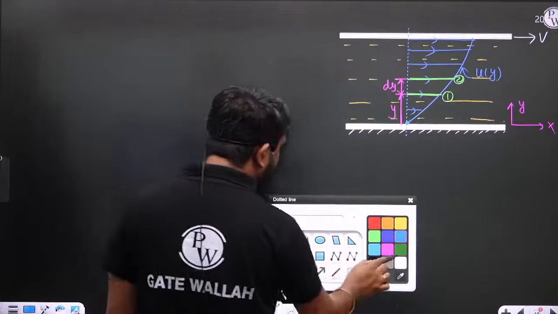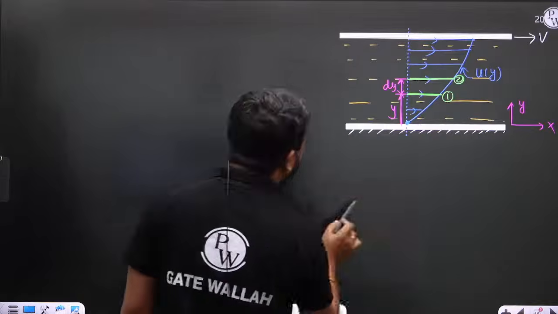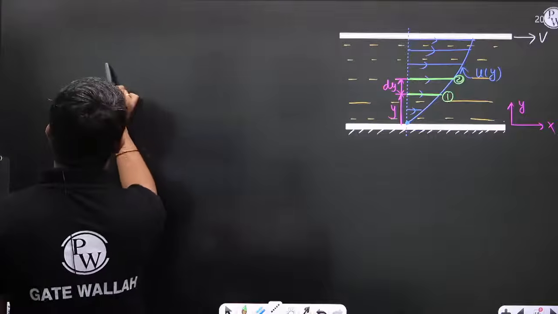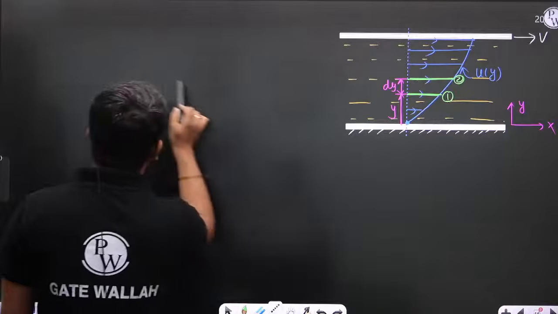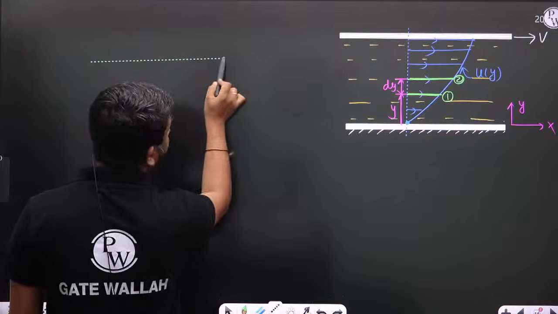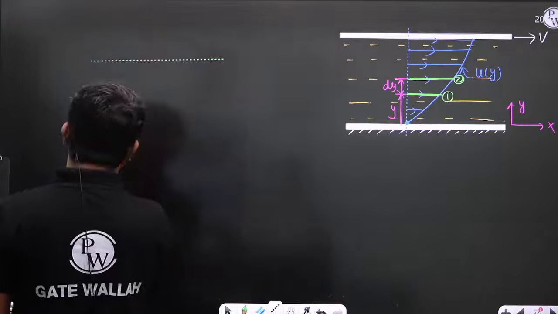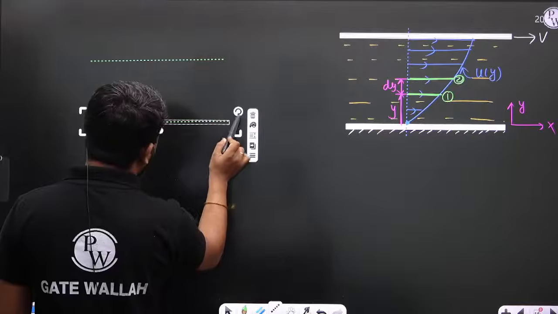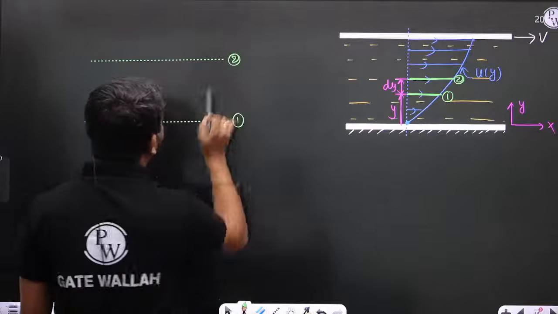Now see here, if you zoom in on these two layers, this is layer number 1 and this is layer number 2.